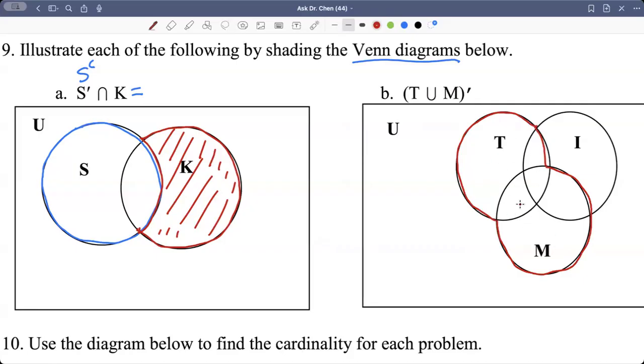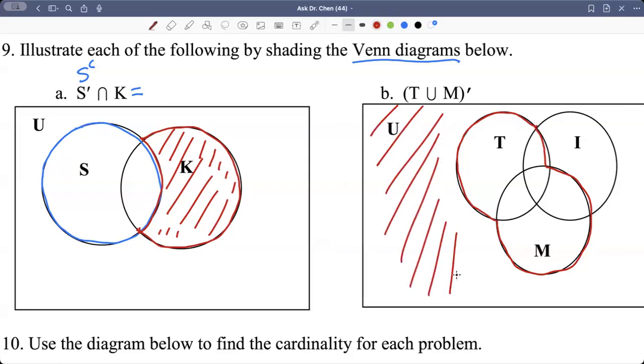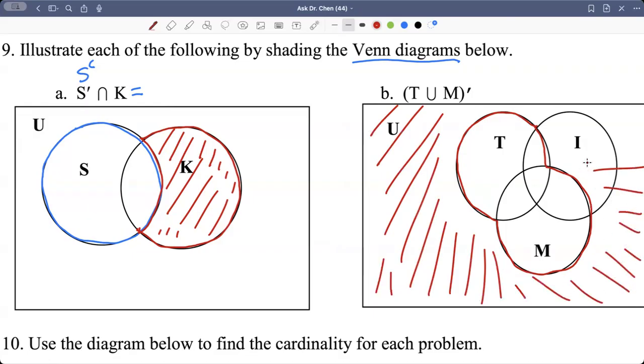Then the complement of that: everything else, other than inside all of this. Outside this, I should draw blue, right? Everything else outside, let me draw blue color also.